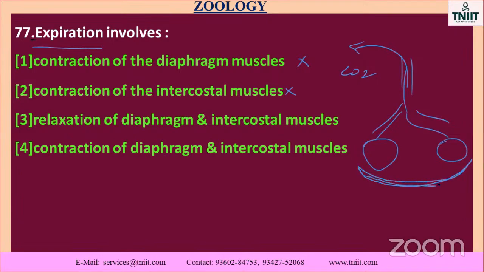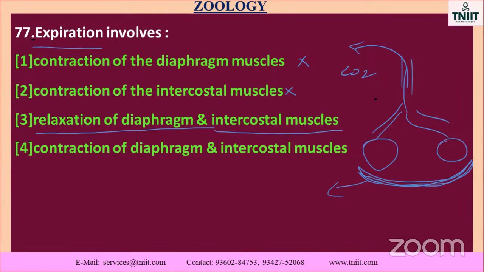There is a small C-shaped muscle-like structure present, called the diaphragm. It separates the stomach from the chest part. This is the diaphragm. And also relaxation of the diaphragm and the intercostal muscles. During respiration, how will it be?